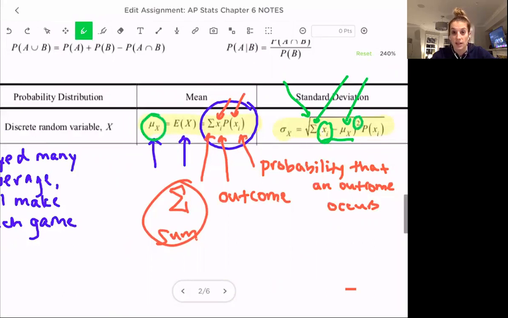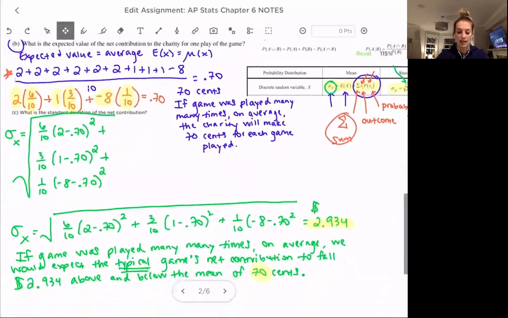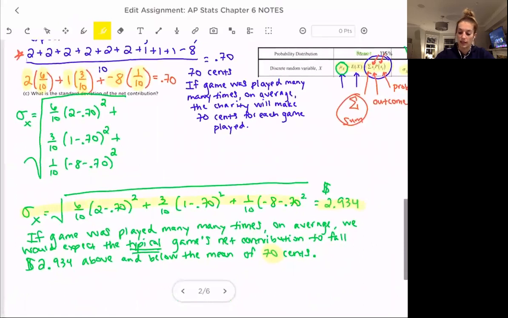You're squaring those deviations, and then you're multiplying by the probability that that outcome occurs. And then you just do that for all the outcomes, add them up, and put a big square root at the end. That's the standard deviation formula. If you can figure out what's happening within the formula and remember the process by which we find standard deviation, that formula becomes a lot less scary.